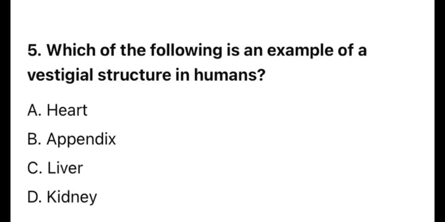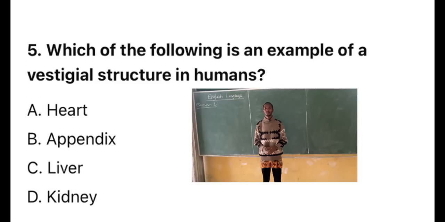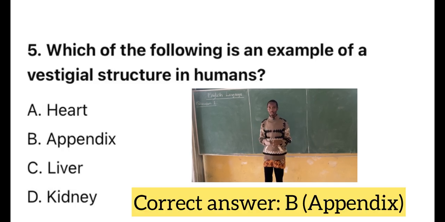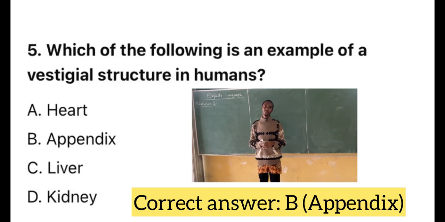When you hear the term vestigial, it means a structure or an organ that doesn't have a significant function. In humans, the appendix has no significant function and is considered vestigial. That is, it is reduced and functionless.